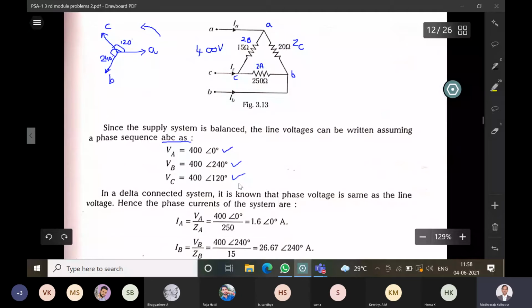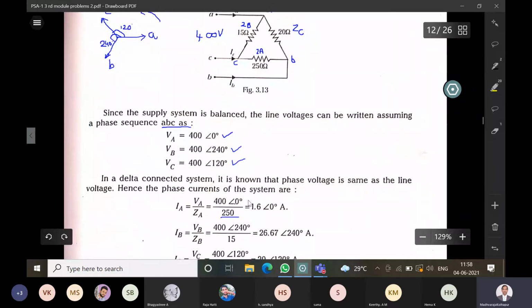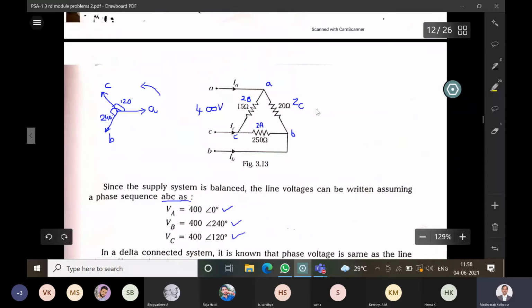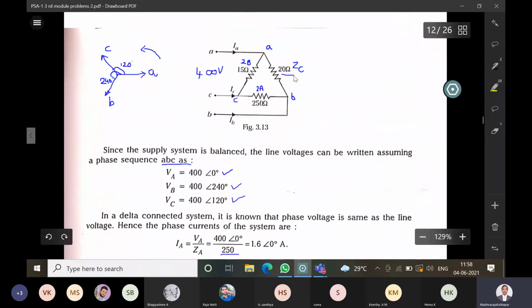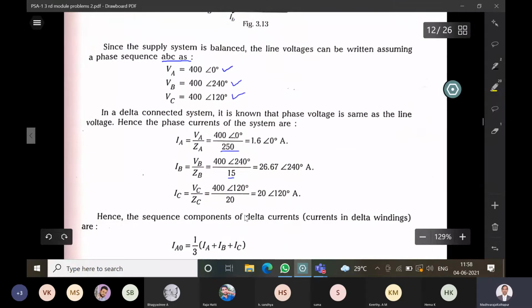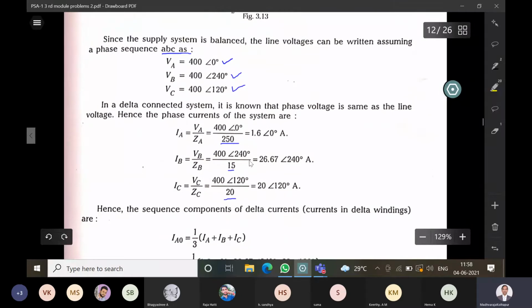So ZA is equal to 250, ZB is equal to 15 and ZC is equal to 20. Now calculate capital IA, capital IB and capital IC.